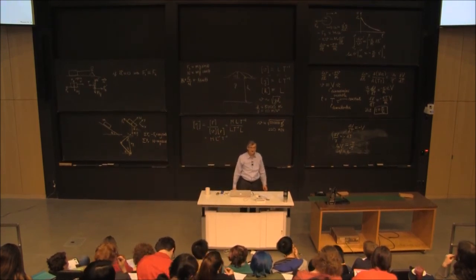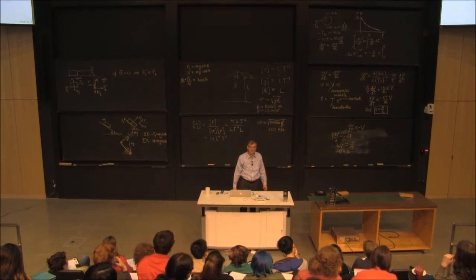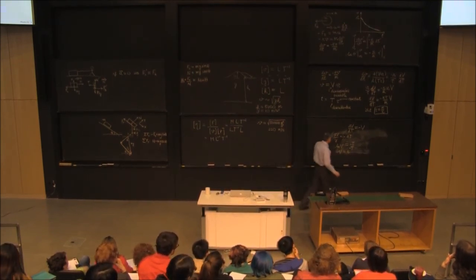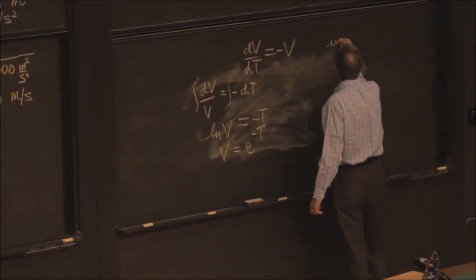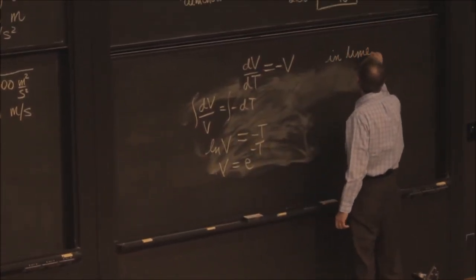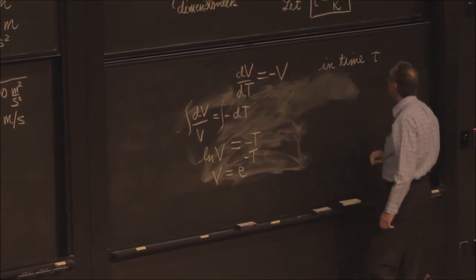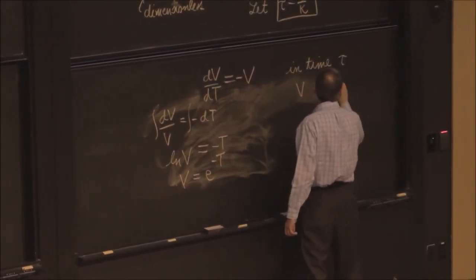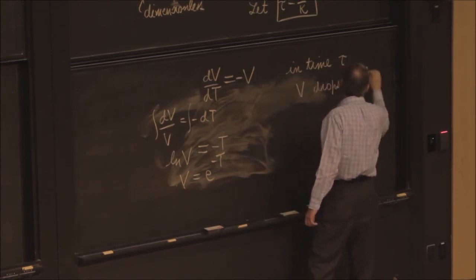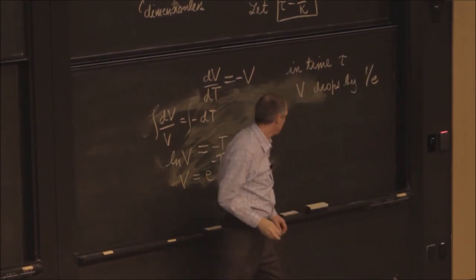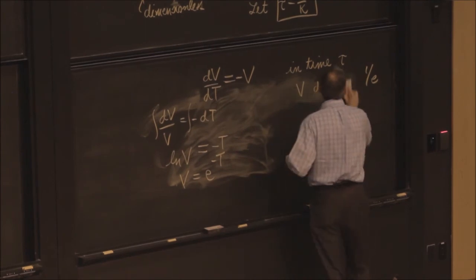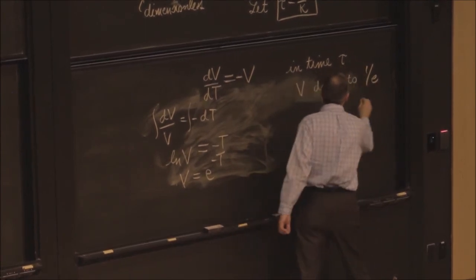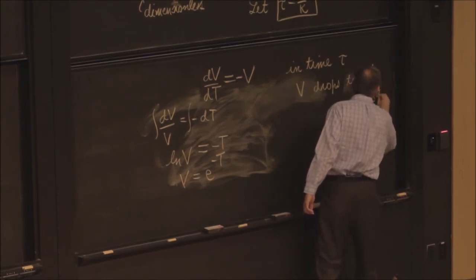What's 1 over e? About 37%. Okay? So in real time tau, v drops by 1 over e, or about 37%.